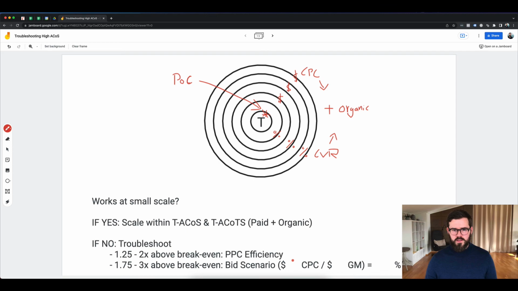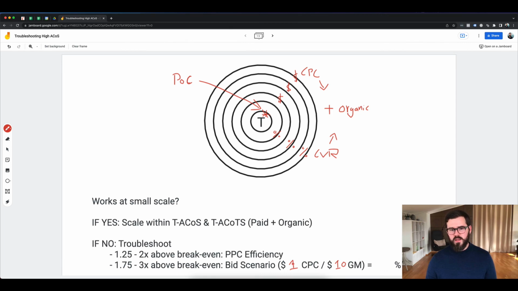Let's say the average cost per click is $1, and your gross margin is $10. This means you can basically afford 10 clicks, right? Average cost per click is $1, 10 clicks to get a sale, to break even, because you have $10 gross margin.